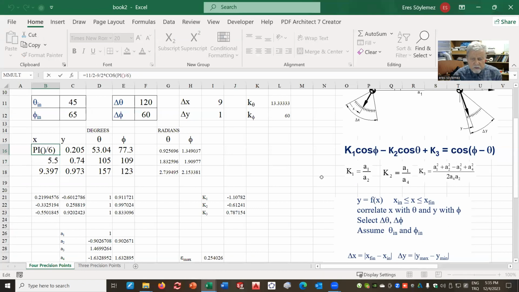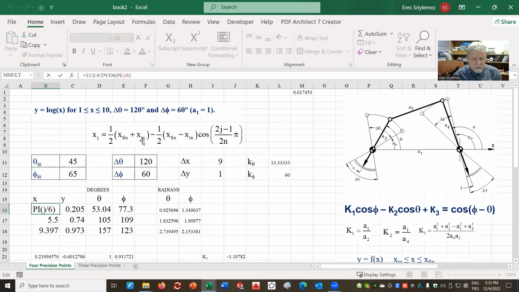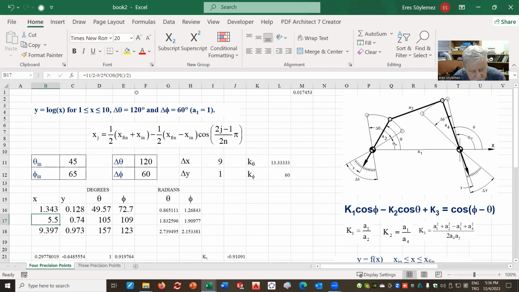Now my equation will be x initial plus x final will be the same, 9/2, but n is equal to 4, 8, 2 minus 1, 1, pi over 8 is my first precision point. My second precision point will be 3 times pi over 8. My third precision point will be 5 times pi over 8.